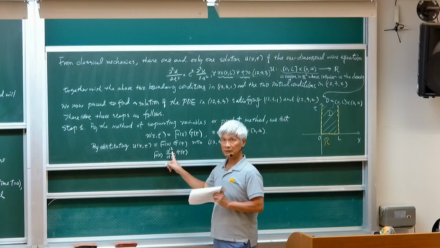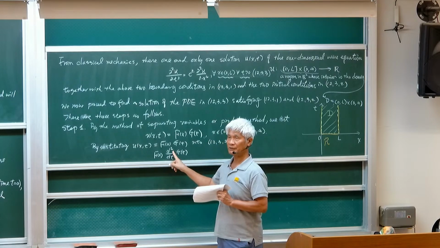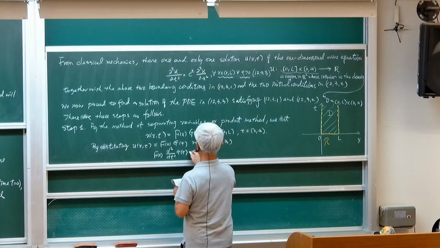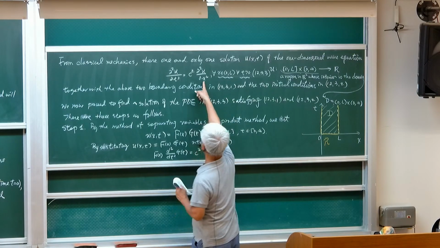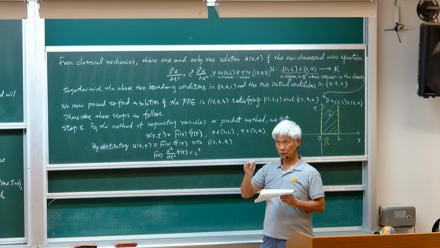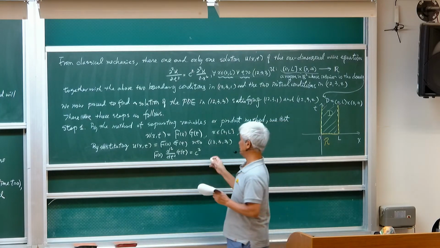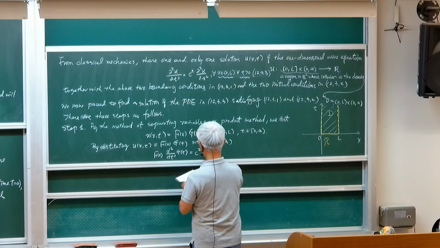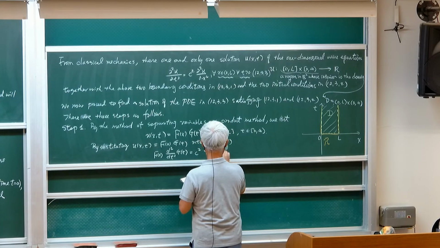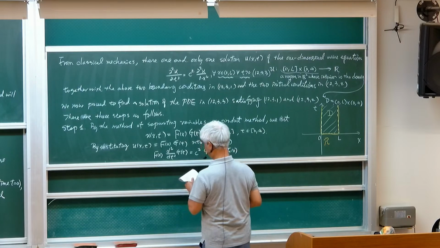Now this becomes an ordinary derivative, not a partial derivative. And on the right-hand side, we do the partial derivative with respect to x only. So we have g(t) and the second derivative of f(x) here.